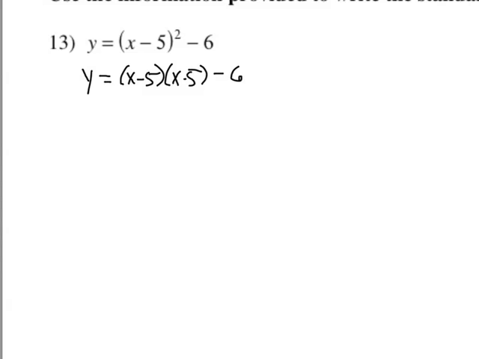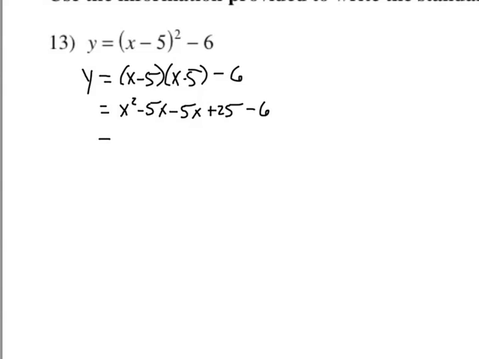Minus 6. Well, x minus 5 times x minus 5, we need to FOIL that. We need to take x times x, which is x squared. X times negative 5 is negative 5x. Negative 5 times x is negative 5x. Negative 5 times negative 5 is a positive 25.